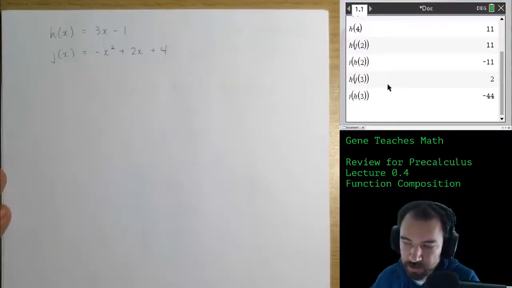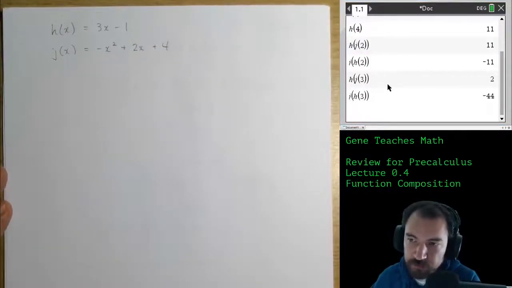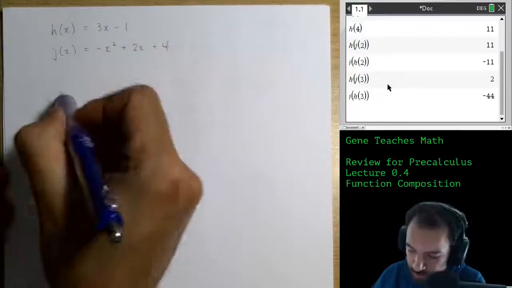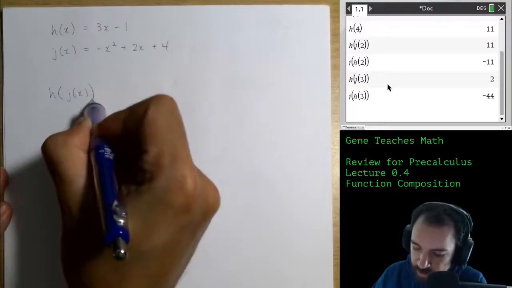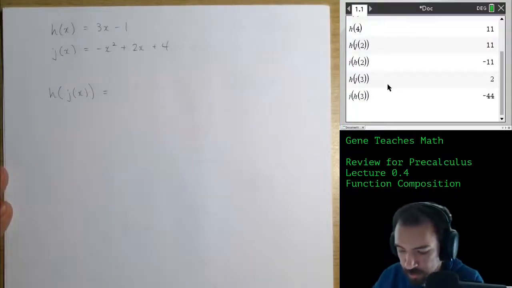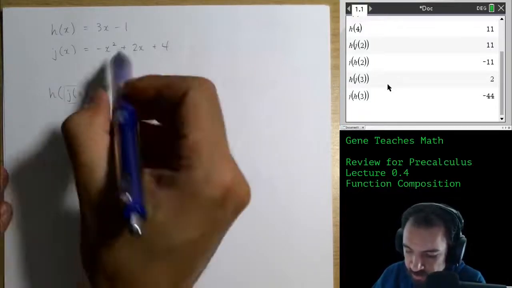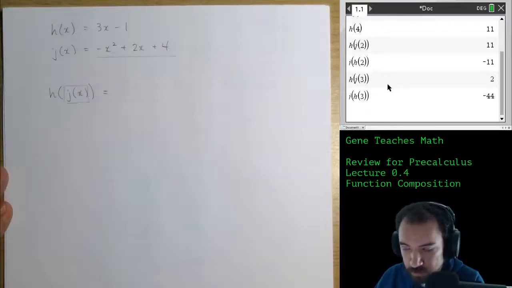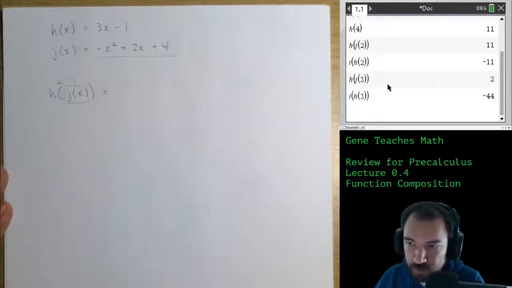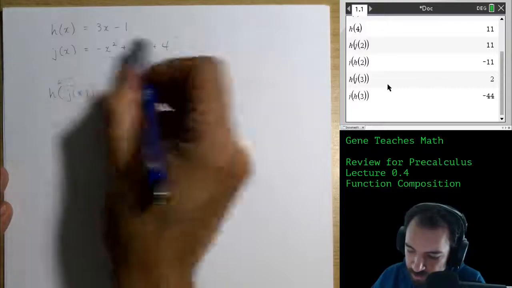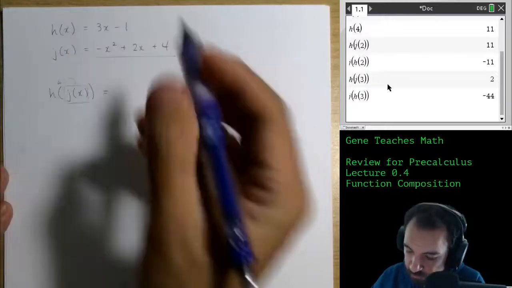What if we ask, can we write a function rule, meaning a formula, for h of j of x? So perhaps h of j of x like this. Well, perhaps we can, right? Because j of x is that entire expression normally. And that entire expression is going to become the input for h. So we would take that whole thing and put it there. So this is what it's going to look like.